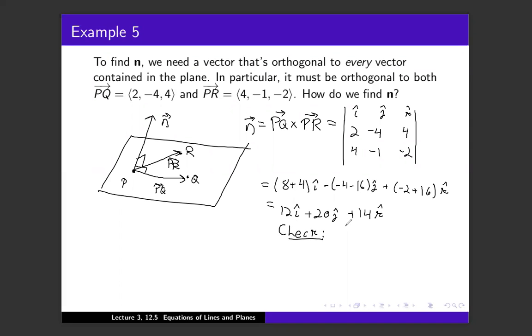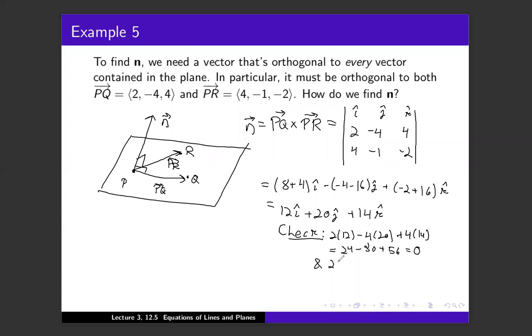We can check this by taking the dot product with the original two. So that's going to be 2 times 12 minus 4 times 20 plus 4 times 14, which is 24 minus 80 plus 56. That is indeed 0.